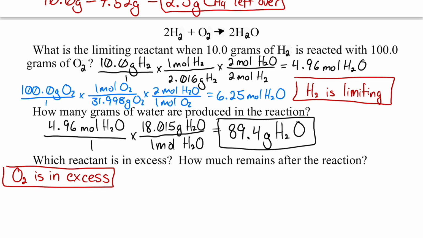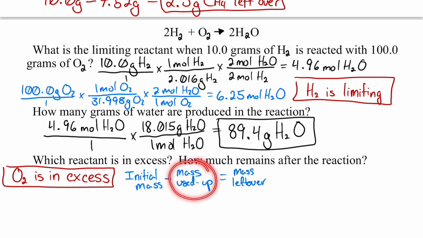And just like last time, to figure out how much is left over, I need to take the initial mass of oxygen, subtract the mass that was used up in the reaction, and that will give me the mass of oxygen that's left over. To figure out the mass of oxygen that was used up in the reaction, I need to take my 10 grams of hydrogen and convert that to mass of oxygen.